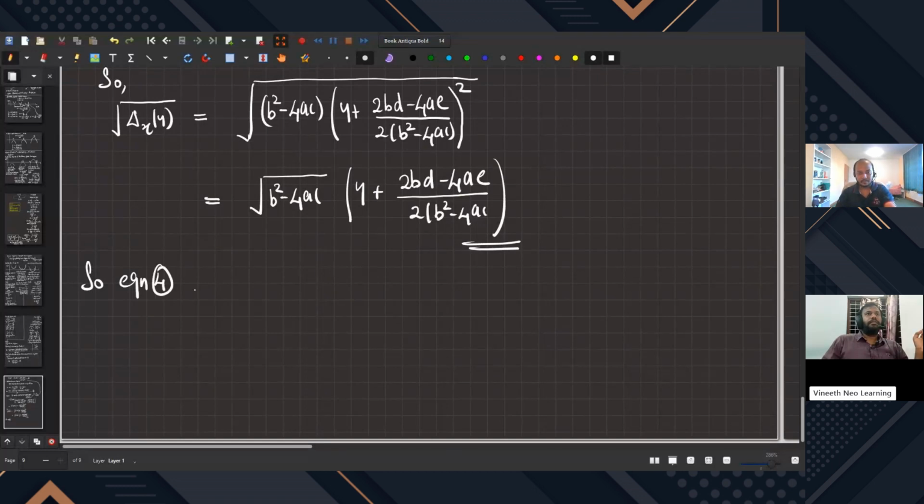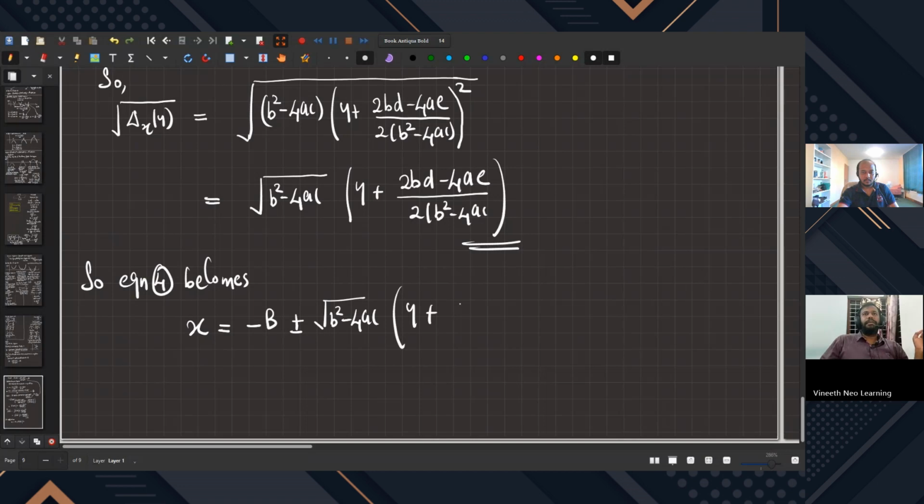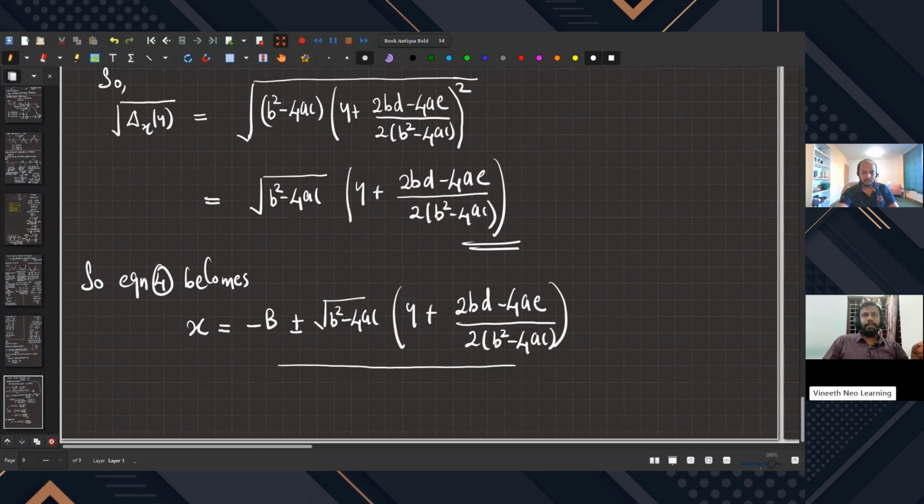Equation 4 becomes x equals minus b plus or minus the square root of b squared minus 4ac times y plus 2bd minus 4ae over 2 times b squared minus 4ac, over 2a.